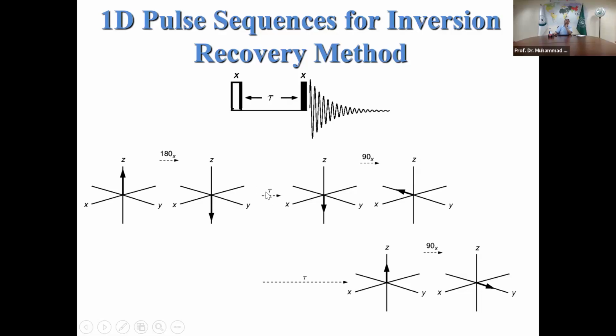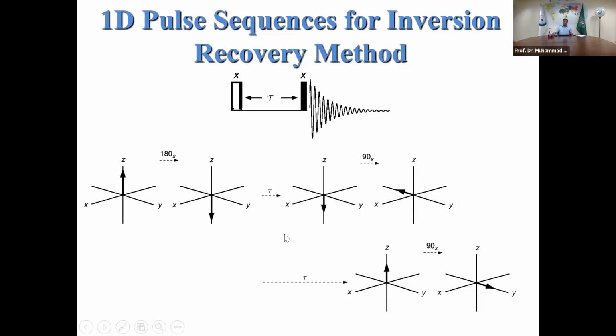In this experiment, let's assume that the time is zero. Then you give a 90 Y pulse, and the 90 Y pulse will bring this to the XY plane. You detect this, one experiment complete.